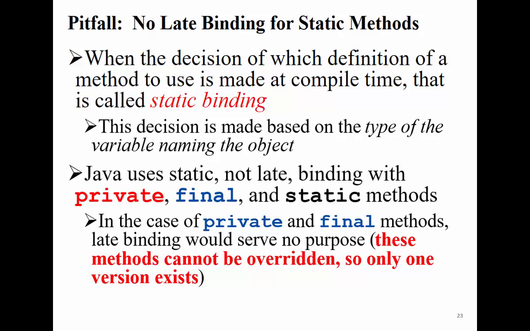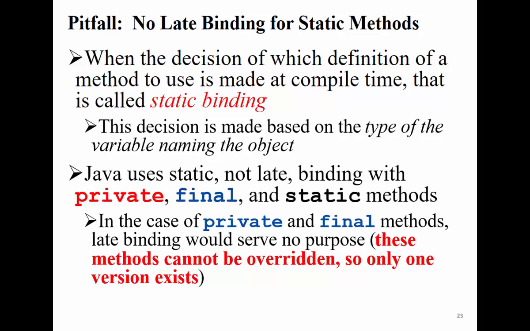Now, you can have final fields, final methods. There is no late binding with a final method, because when you define a final method, no one can override this method, okay? Because it's final. It's defined inside the superclass, so the subclass cannot override it. If you define a static method, that means there is only one copy of this method for all the objects, for all the subclasses, for all the superclasses.